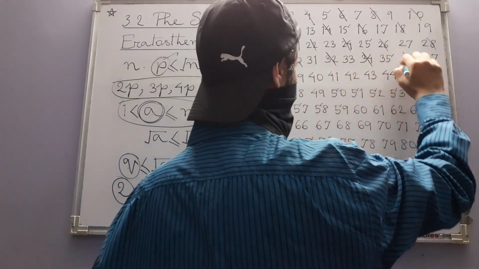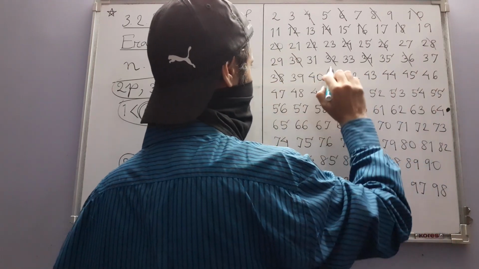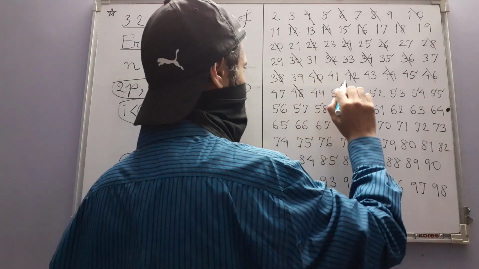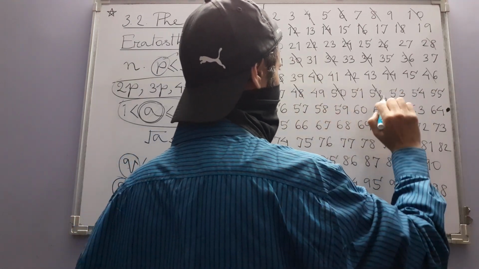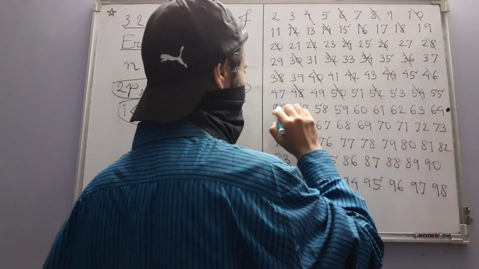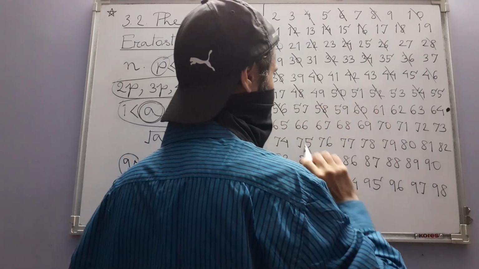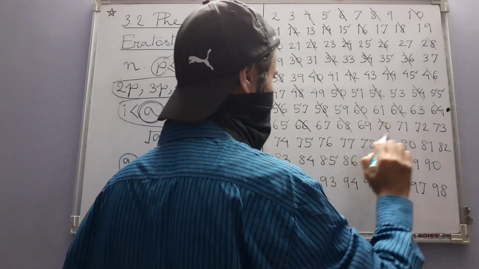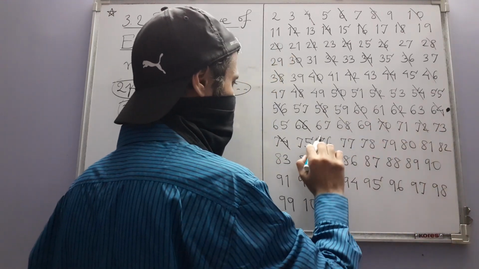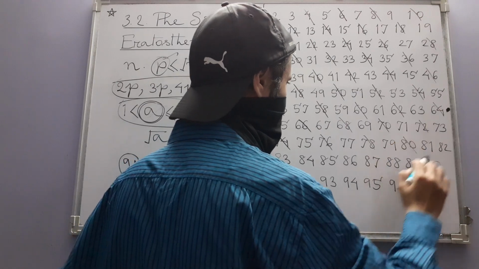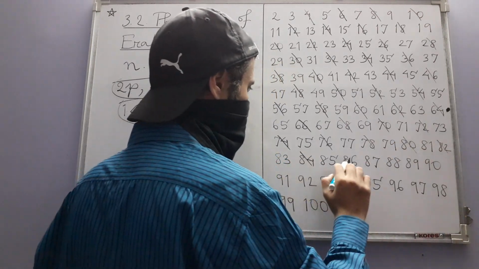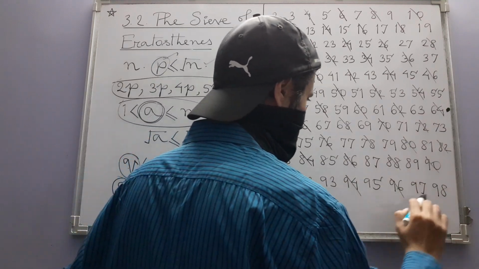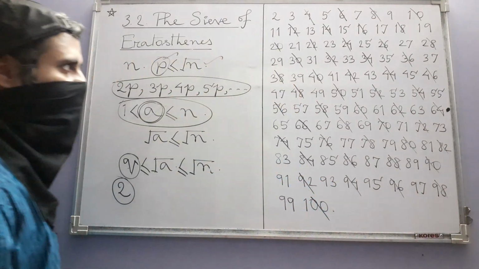I should do it carefully. 52, 54, and so on, continuing through 82, 84, 86, 88, 90, 92, 94, 96, 98 and 100.